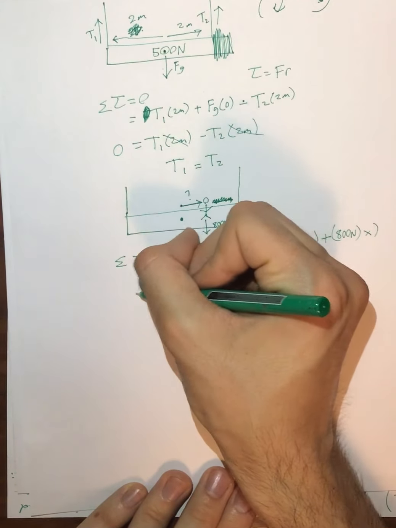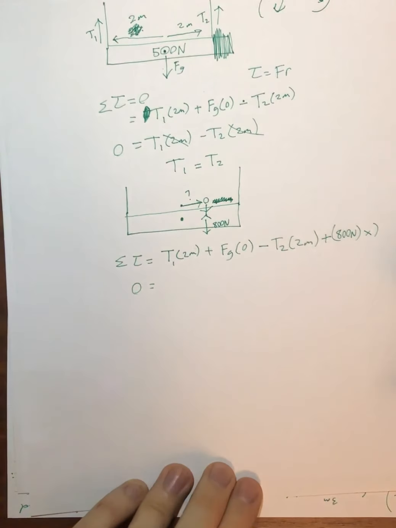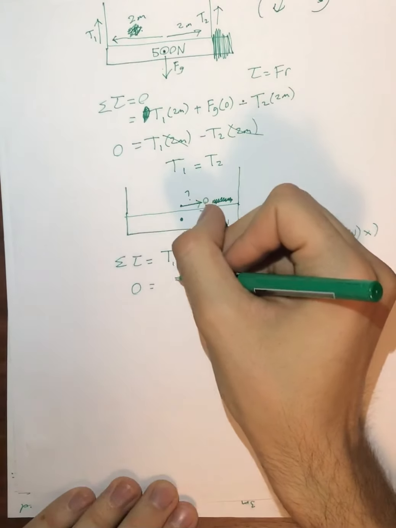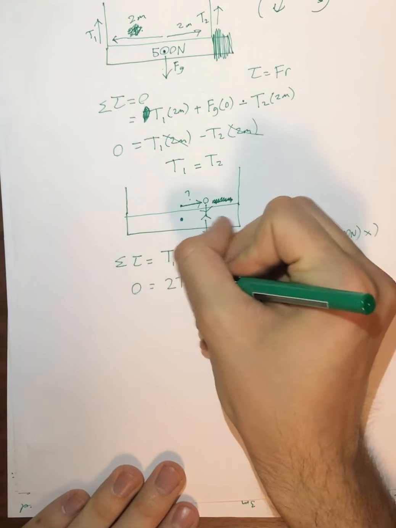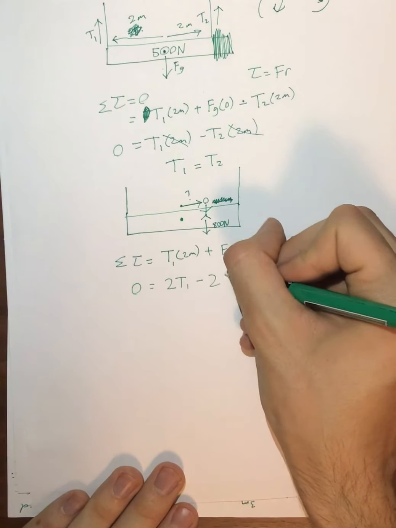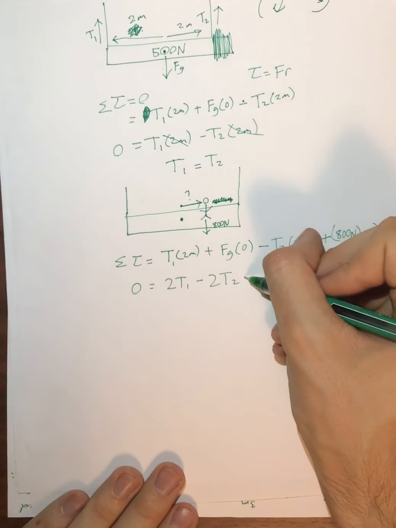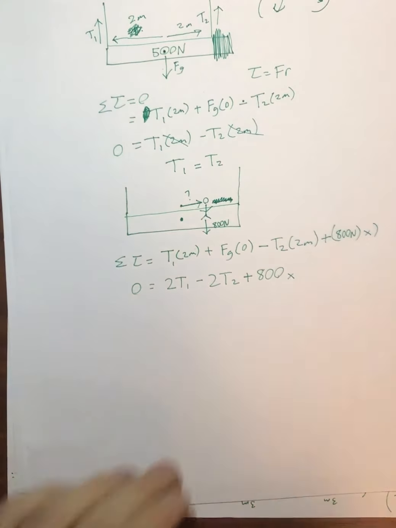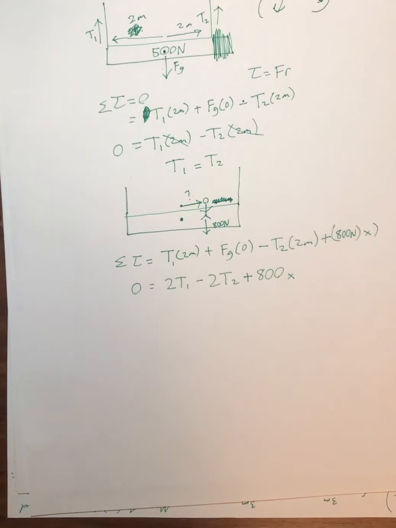Now all of this should still equal 0. Okay? Now, this means that we have 2 T1, this goes to 0, minus 2 T2 plus 800x, and we're solving for x. We want to know how far away he needs to be so that one of the ropes produces a tension of 500 newtons.